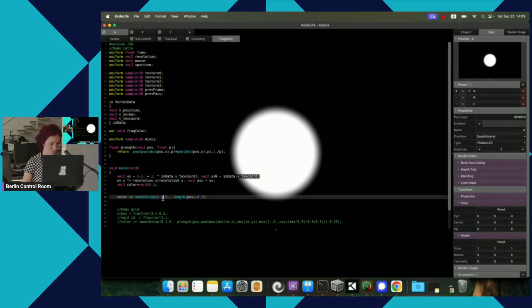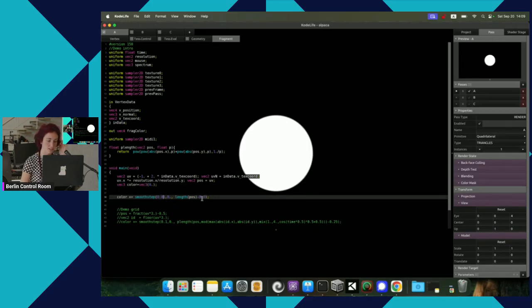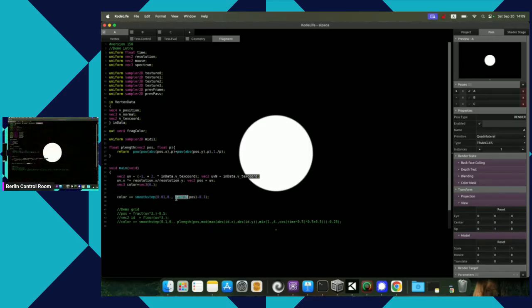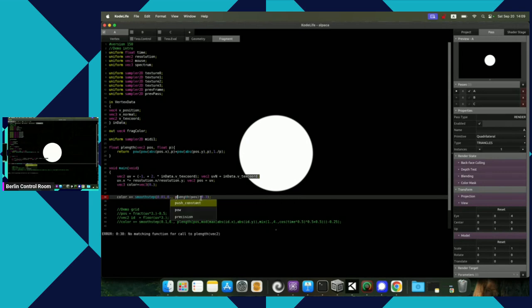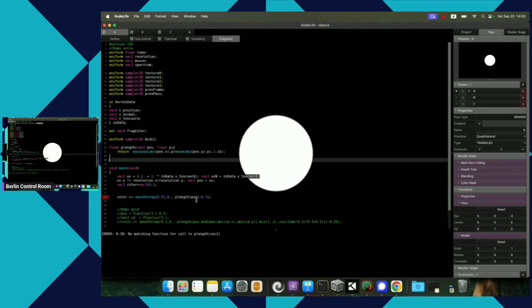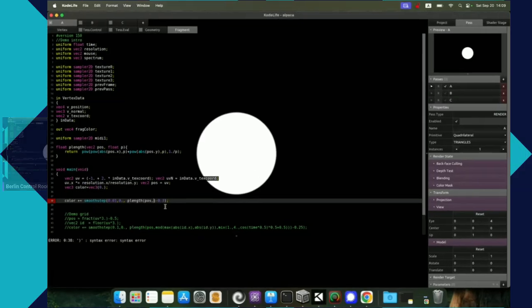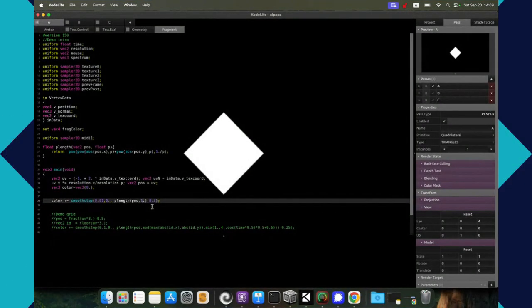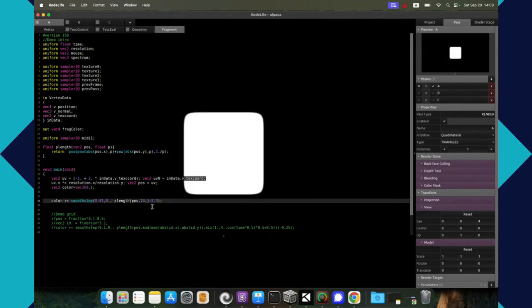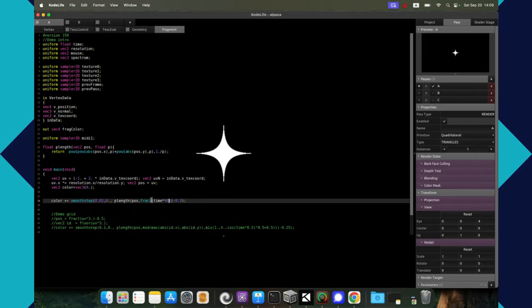Here I'm using the function length, which is the Euclidean length that we first saw. And then here I define the p length, which is the generalization of the length. And we see that if we change the values here, you can go from diamonds to squares to shapes in between. We can use a little bit of motion.